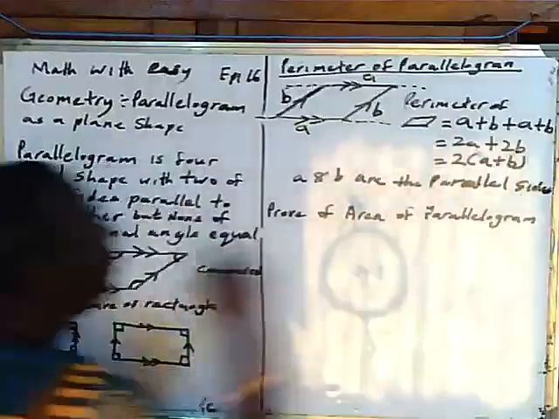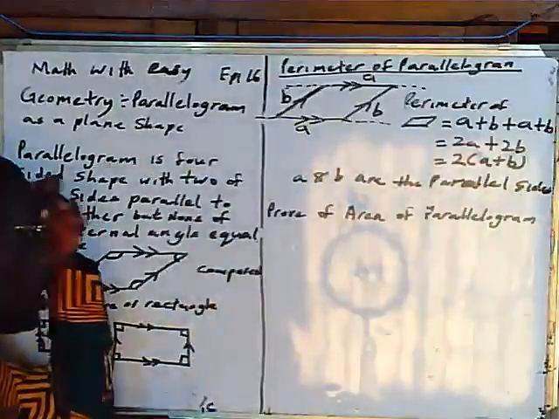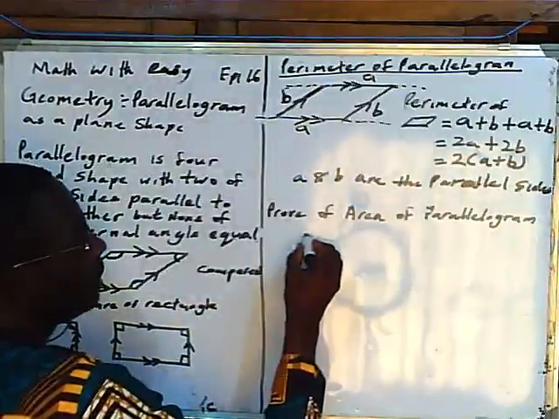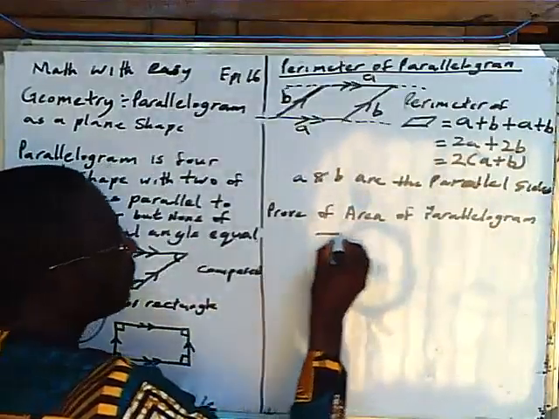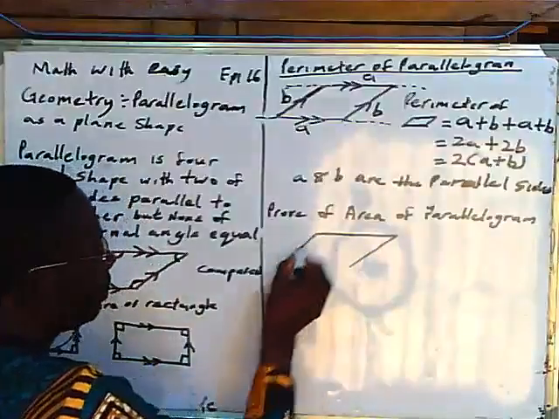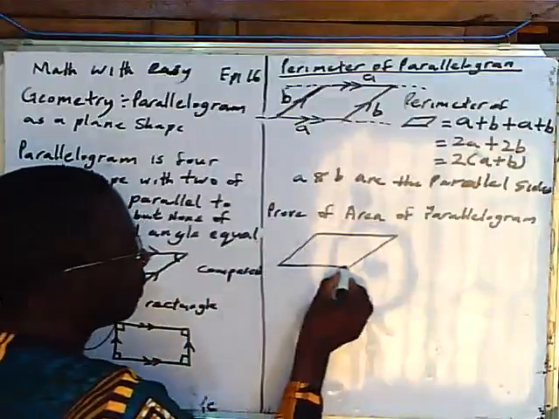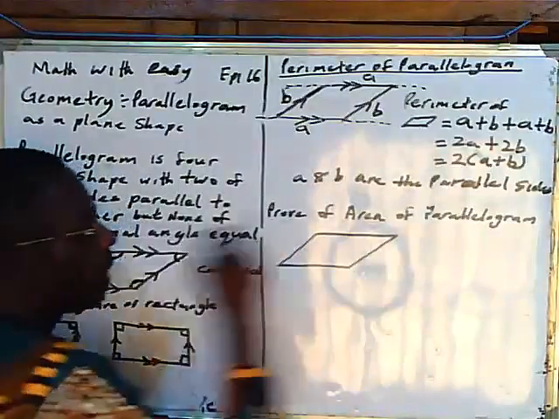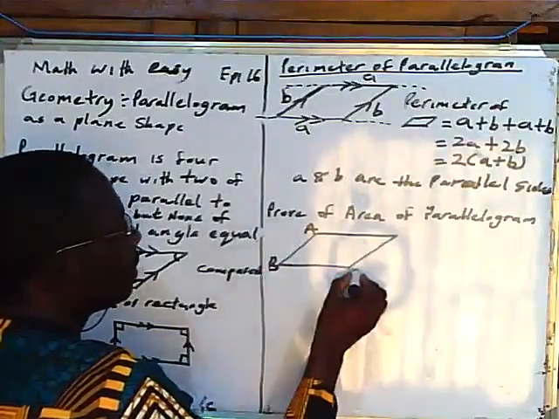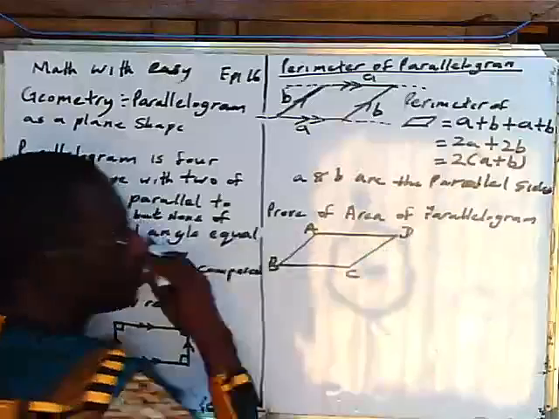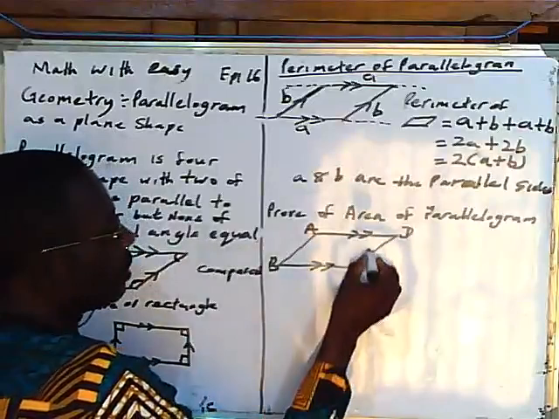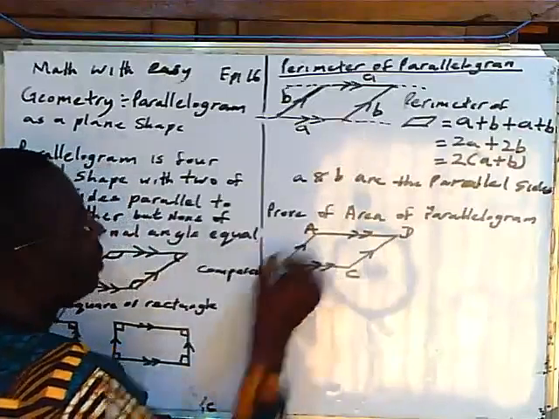So let us now look at the proof of the area of a parallelogram. If we want to get the area, let's assume that we have a parallelogram again this way. If the parallelogram is like this, then we can label it A, B, C, and D. This one is parallel to this, and this is parallel to this.